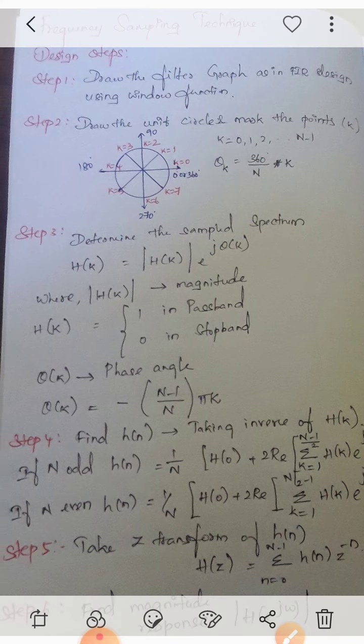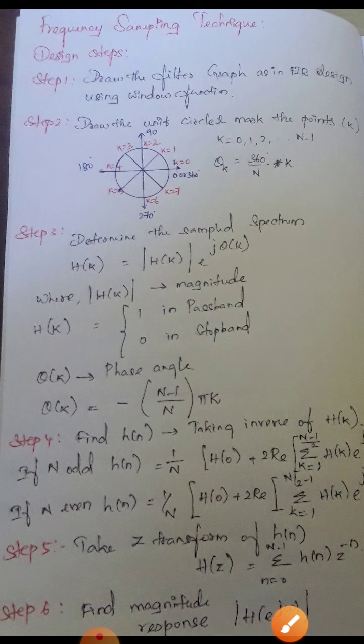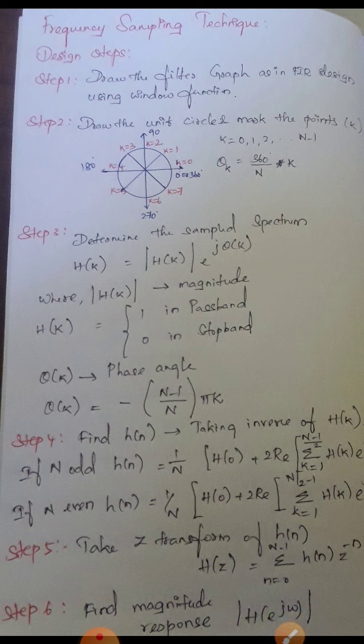If it is inverse DFT, we know that h of n is the sum of H of k into e power j 2 pi k n by N, we use it, right? So this is the inverse DFT formula. In this, the 0th sample we take outside, because it doesn't have any changes in its value.